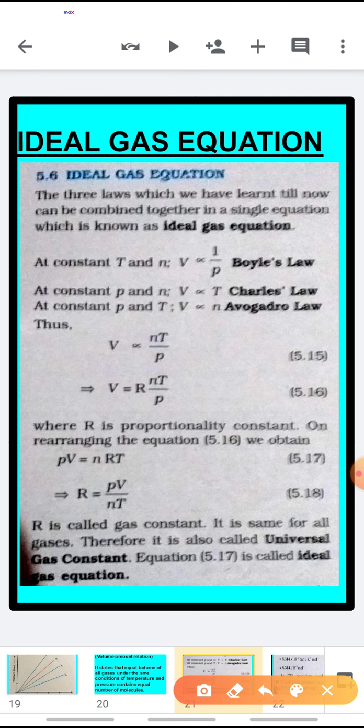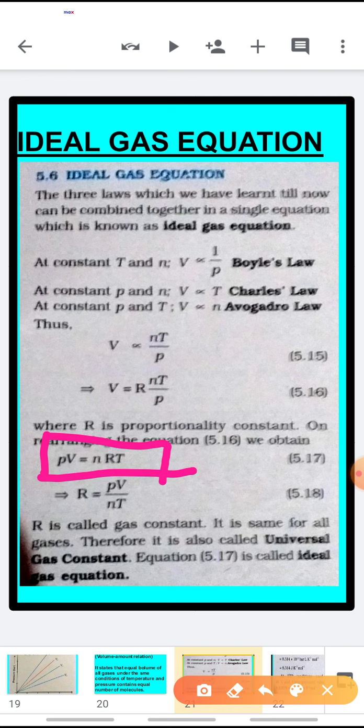Rearranging the equation, we get PV equals nRT. R is the same for all gases, therefore it is called the universal gas constant. And this equation PV equals nRT is called the ideal gas equation.